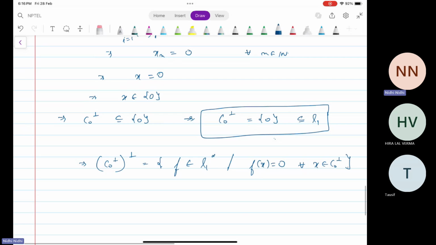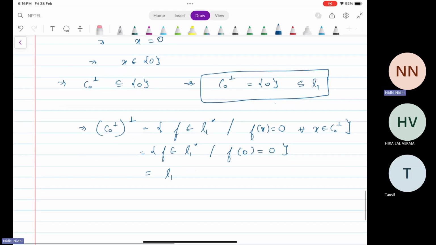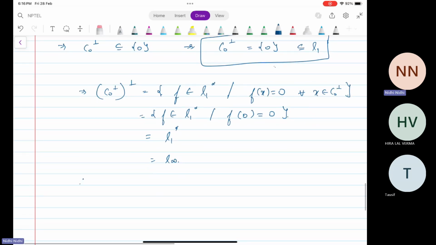Now since C naught perp is just singleton 0, this is all those f in L1 star such that f of 0 is 0. And since we know that every functional maps 0 to 0, that means this is the whole space L1 star, which is L infinity. Therefore, C naught perp perp is equal to L infinity.